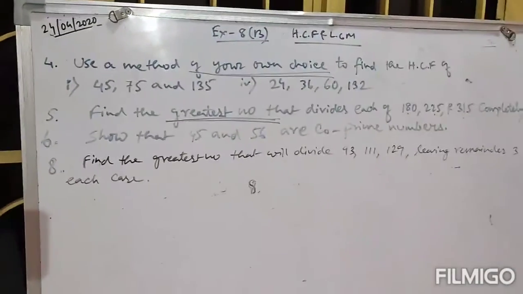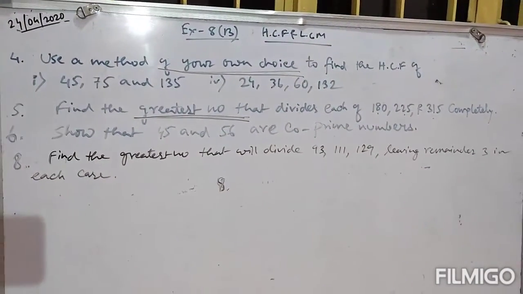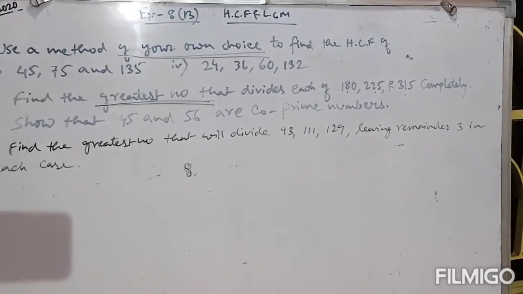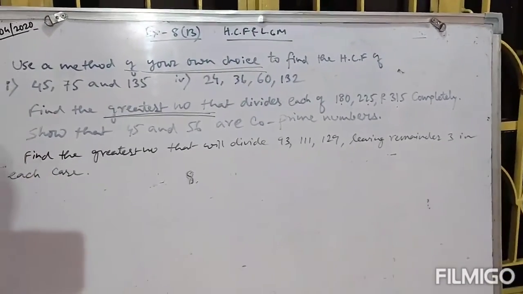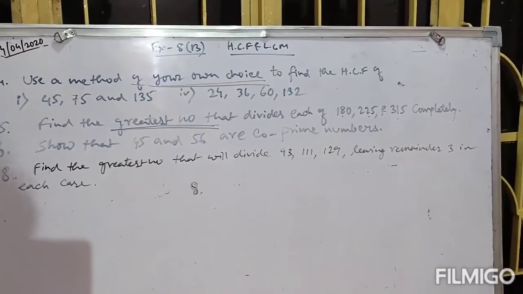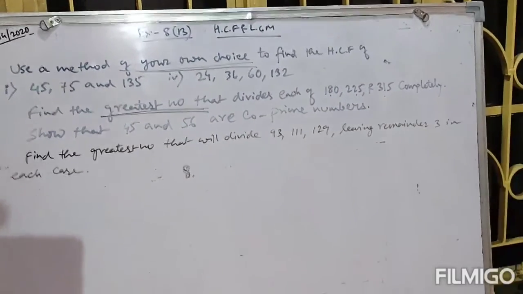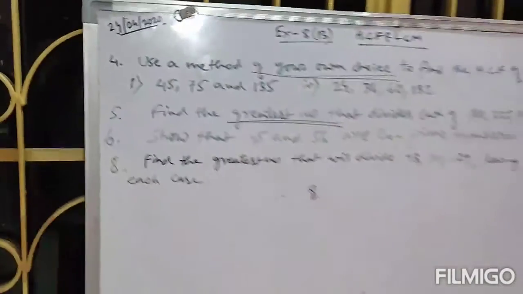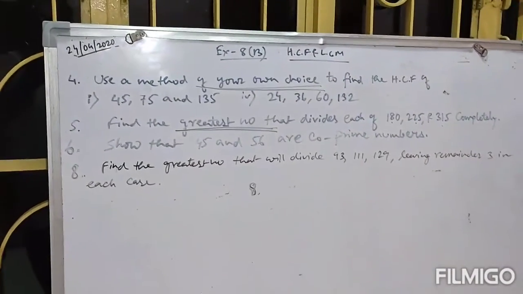Question number 8 says, find the greatest number that will divide 93, 111, 129, leaving remainder 3 in each case. We have to find the greatest number that will divide these three numbers, but that will leave remainder 3 in each case. Clear? Question number 5 and question number 8 are somewhat similar but slightly different.